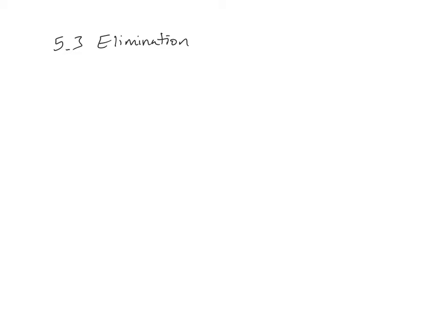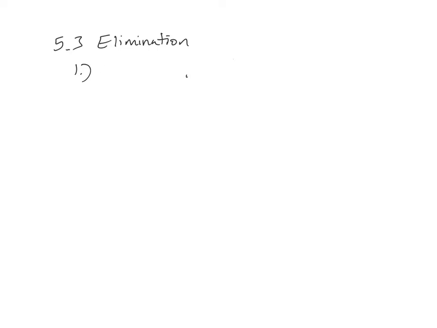So just like with substitution, we have a 3-step process for elimination. So the first one is get x or y to be opposite. Oh, I lied. I need to add one that I always forget to add.